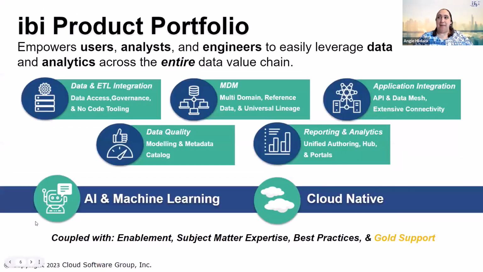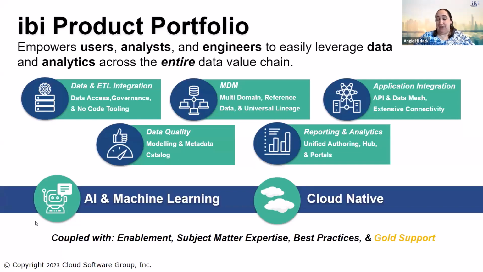So what does that IBI product portfolio cover? There is a very wide range of the types of functionalities that we offer across the entire IBI platform. So data and ETL integration with the Data Migrator product, also in iWay and Omni, we have Master Data Management or MDM, being able to have multiple domains and reference data there.